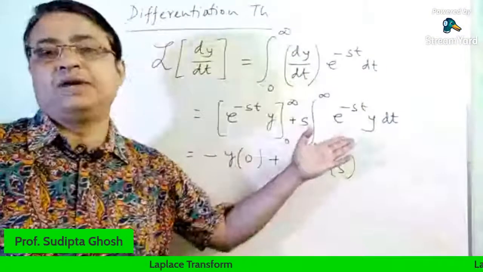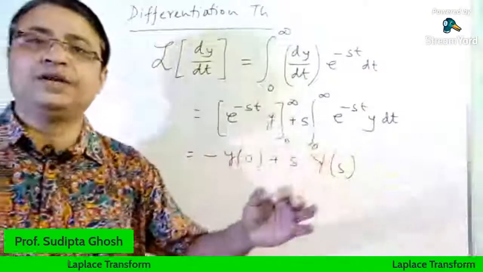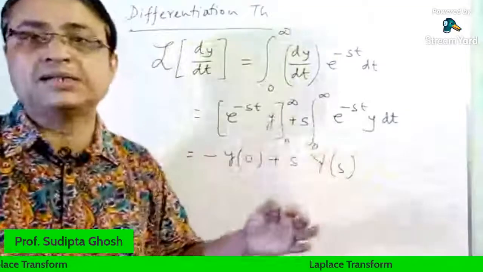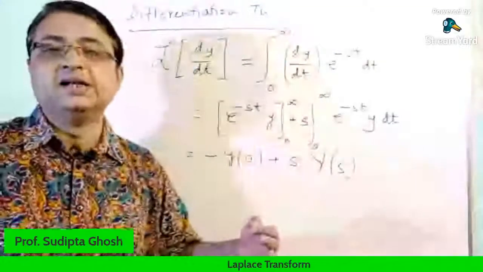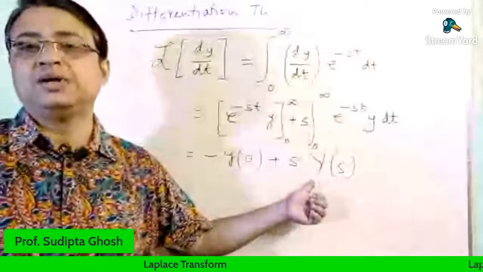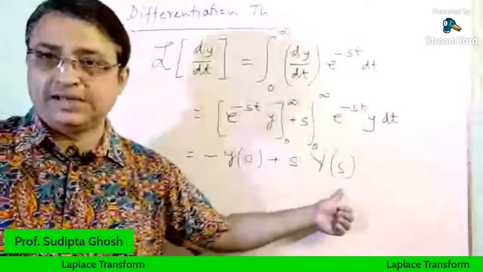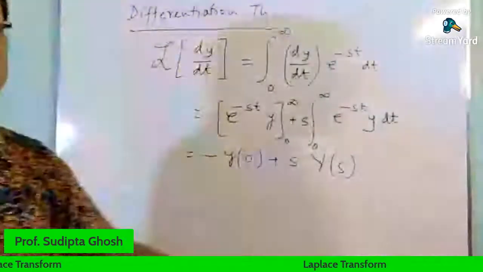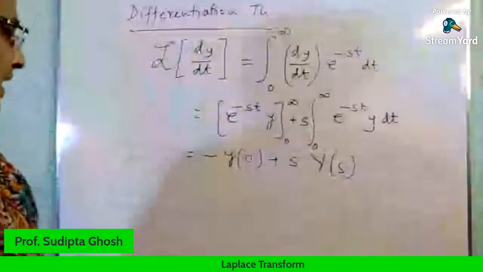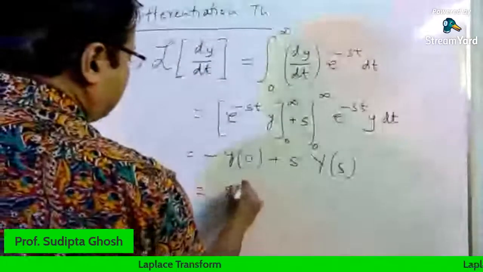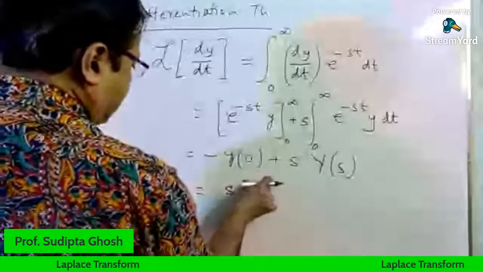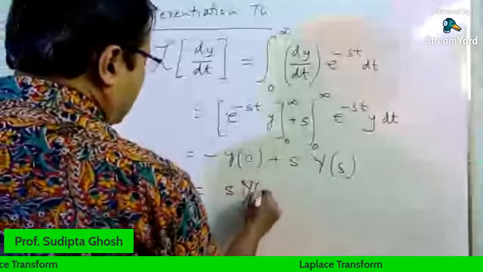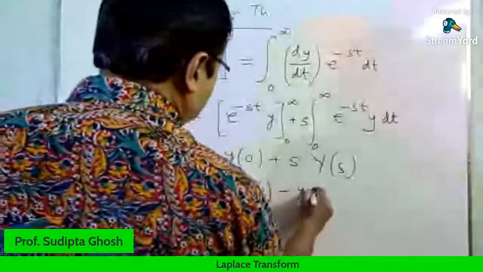Here I have written integral 0 to infinity e to the power minus st y dt, so it is capital Y(s). So the value becomes sY(s) minus y(0).